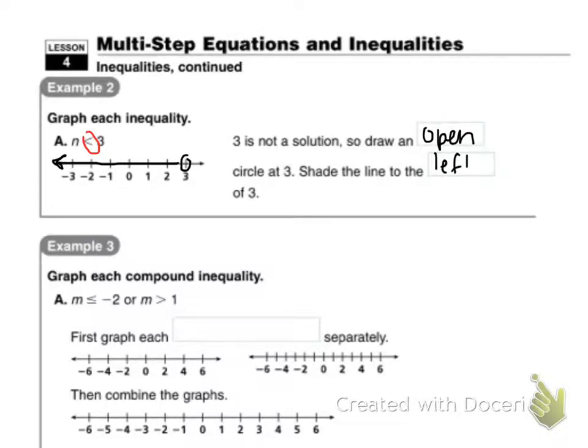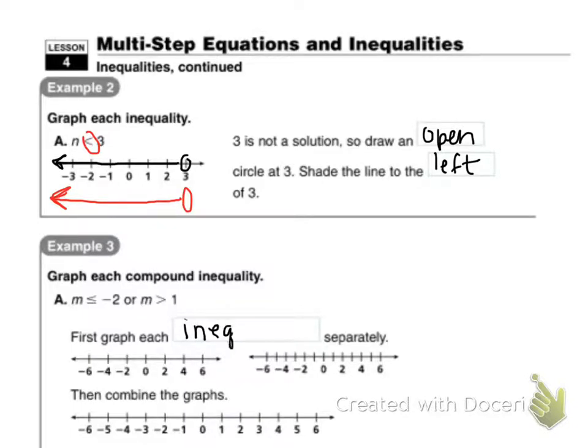And then you're going to shade the line to the left of 3. Okay, so we drew the open circle at 3 and everything less than 3 with an arrow, because it's going to keep going, anything less than 3. So that's just a simple inequality, and the next example is a compound inequality.